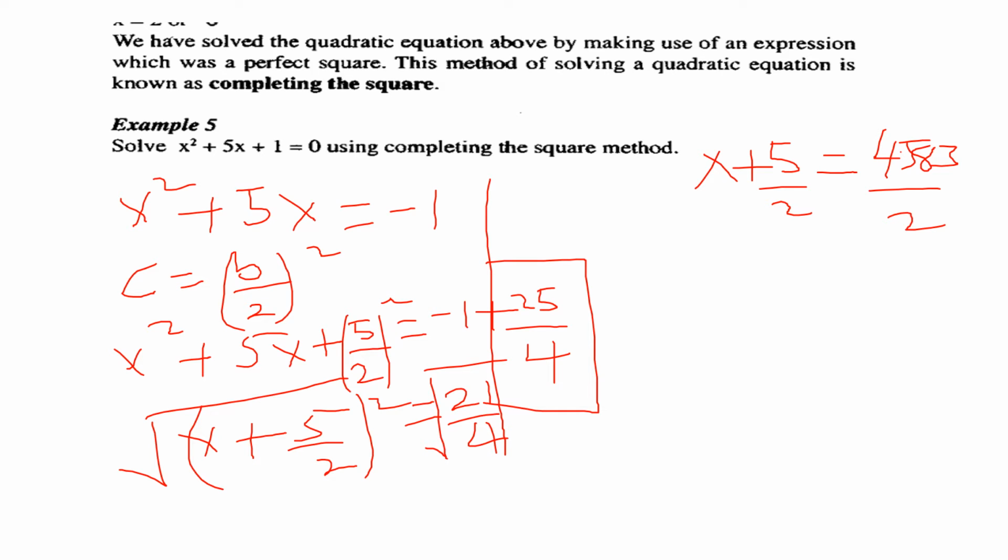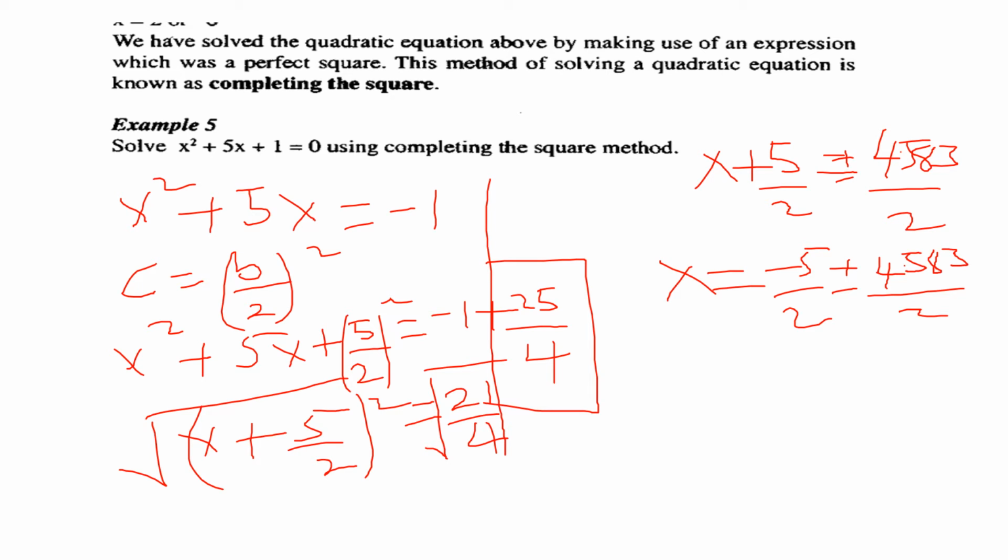The value of x will be equivalent to, we can take this on the other side, so it will be negative 5 divided by 2. Then here, remember this one was a plus or minus, so this is plus or minus 4.583 divided by 2.